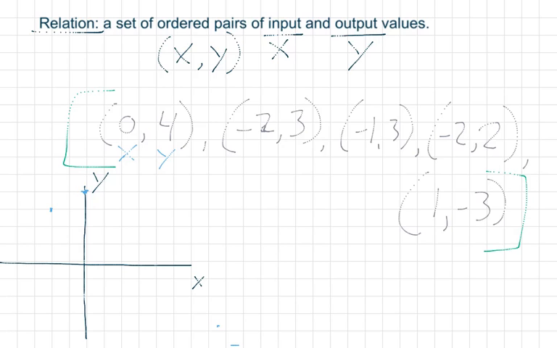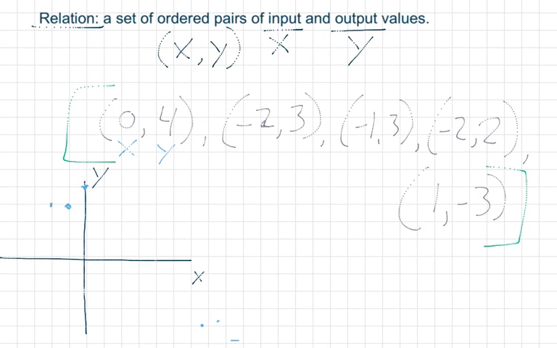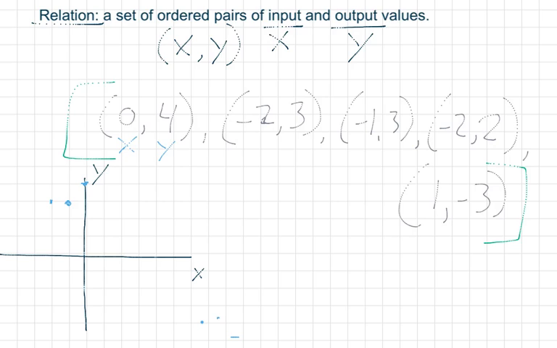So it's right there. Why is this not graphing? There it is. Negative 2, 2 is right here. Having some trouble here. My finger is dragging on the screen. Okay, and there's 1, negative 3.